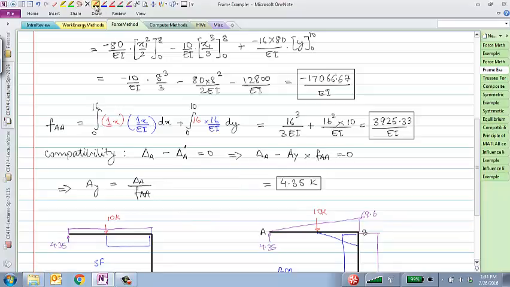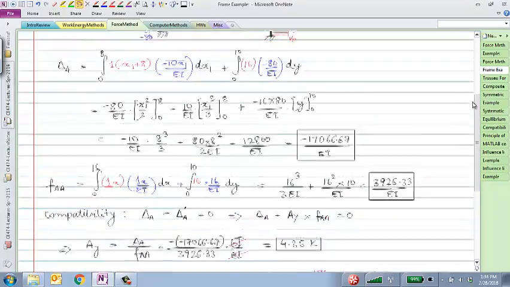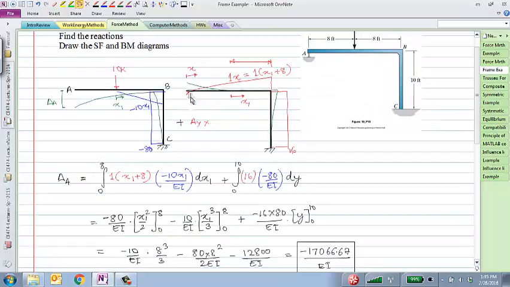I am going to use minus of minus 17066.67 divided by 392533, and the EI's cancel off. And what we get is a positive number, as we should again, because the redundant force would be pointing upwards if the displacement for the actual system is downwards.